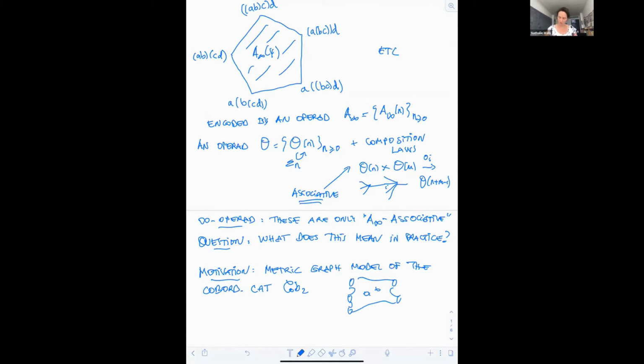So there exists a metric graph model, but one whose composition is only associative up to homotopy.